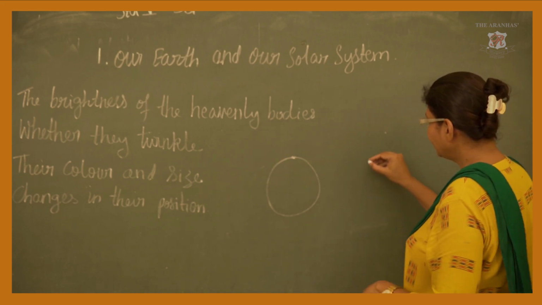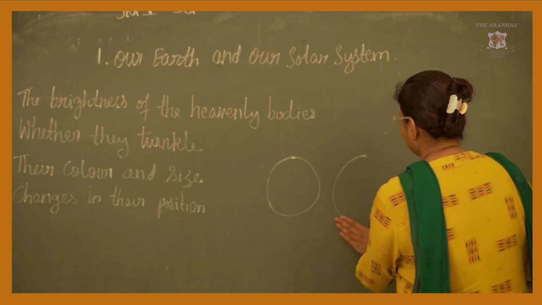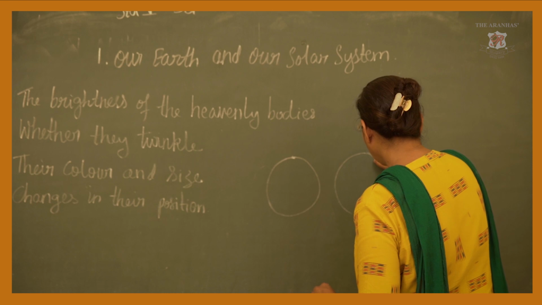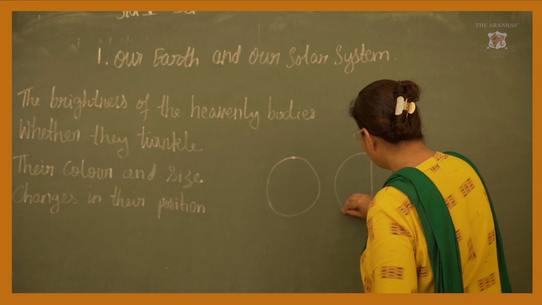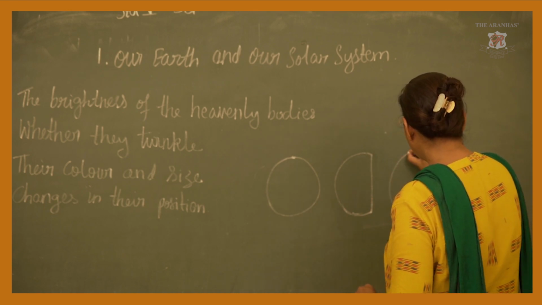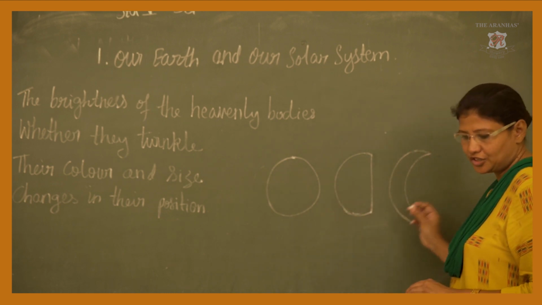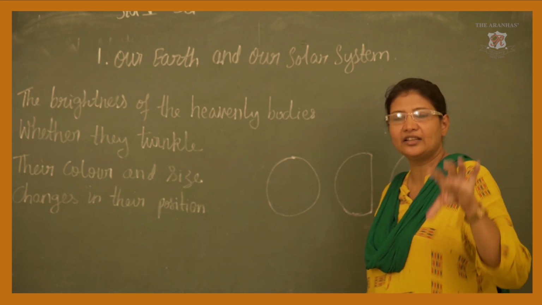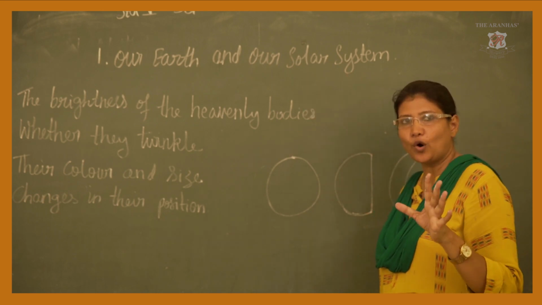After a week it will change, and sometimes it will look like this. The shapes will keep changing. So you have to draw the picture and see that this week the shape is like this, the next week the shape is like this.